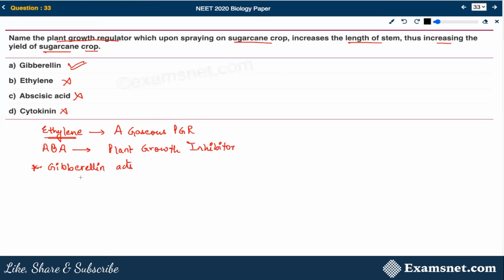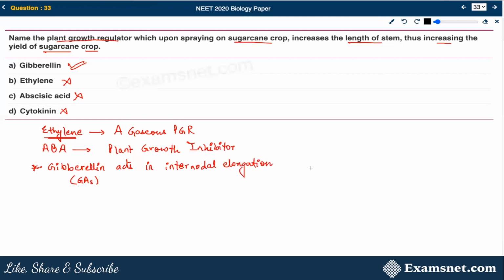So gibberellin, which is also called GAs, acts in internodal elongation. Its main site of action is the internodal elongation.